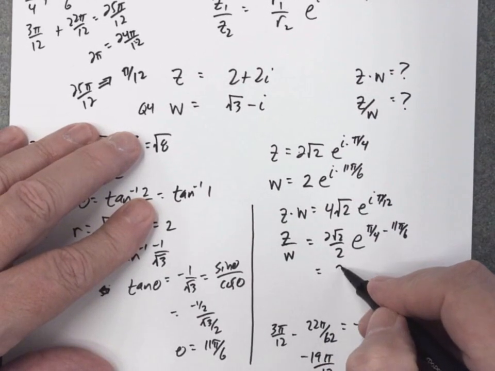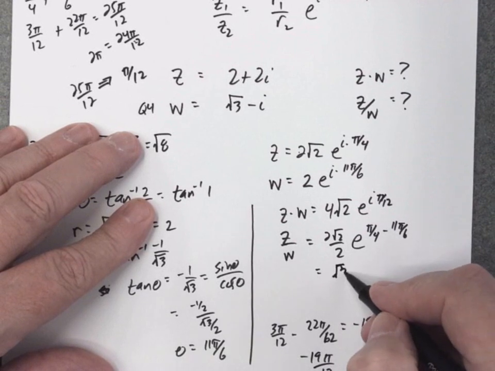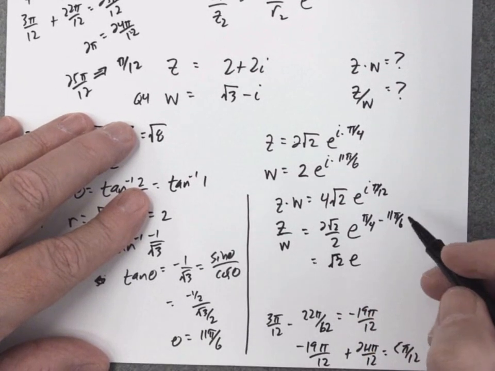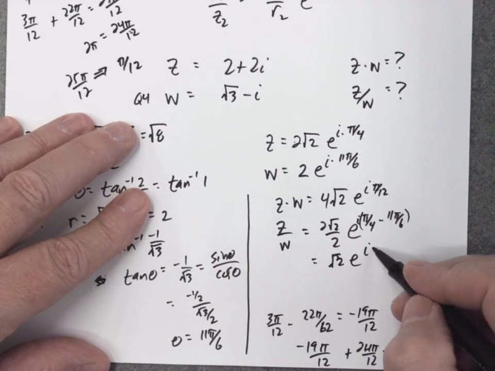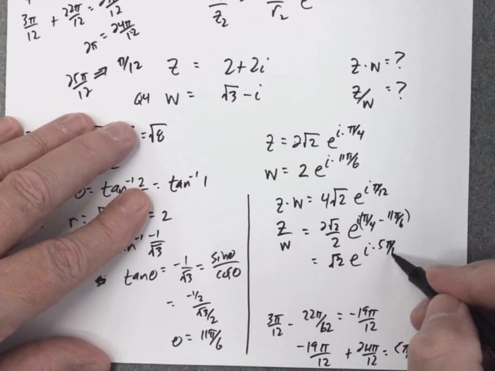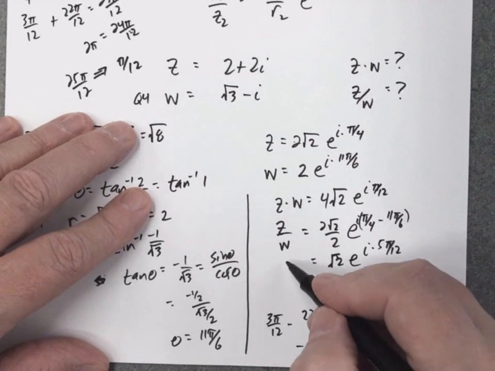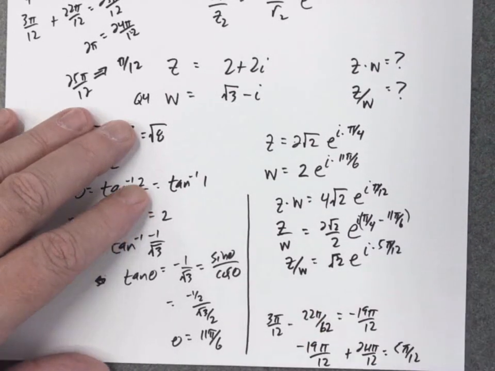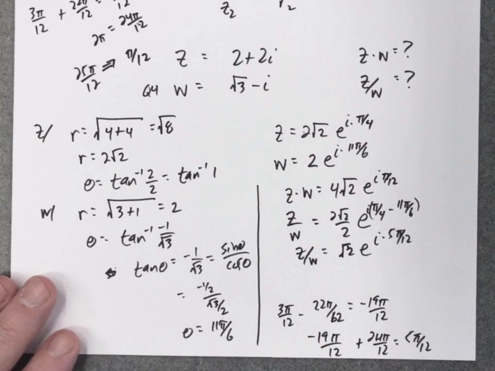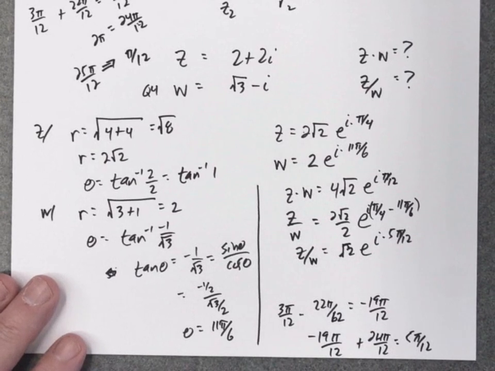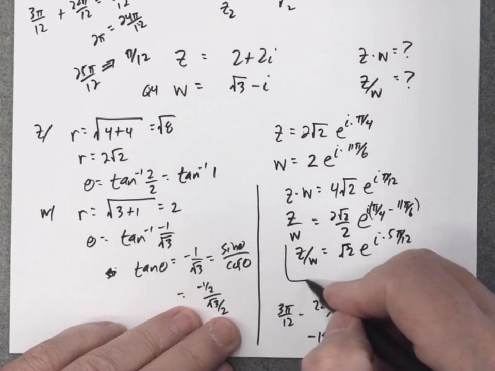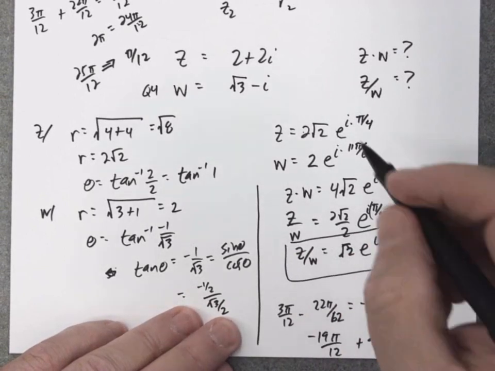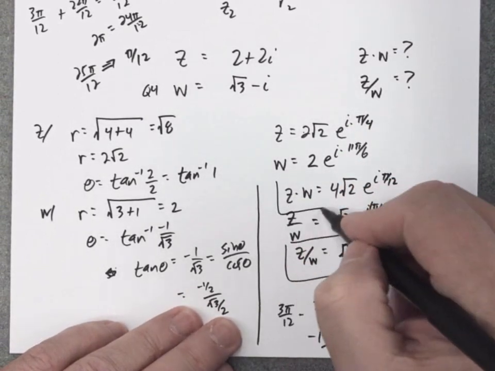So this is going to be square root of 2 e to the i 5 pi over 12. So sometimes angles are still messy, but here's the division, here's a multiplication.